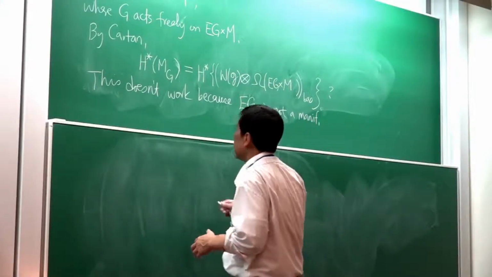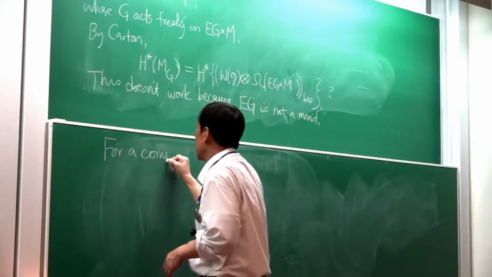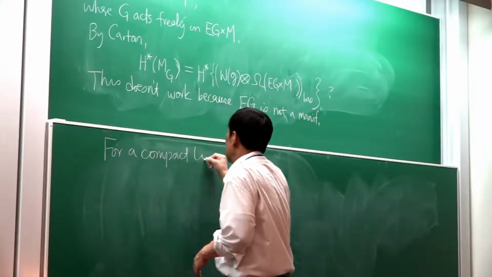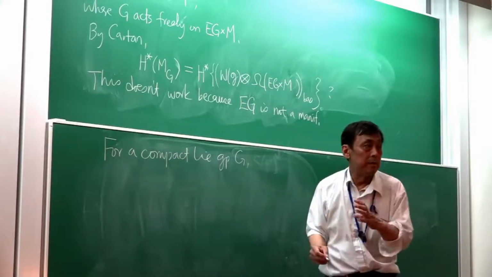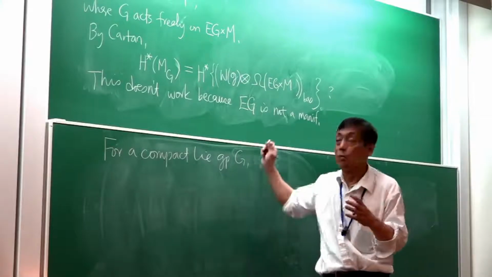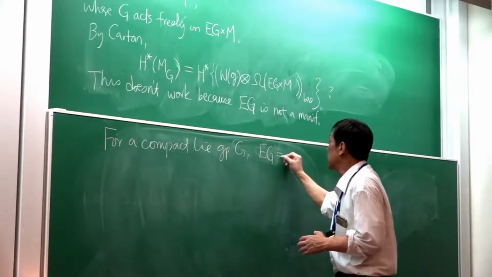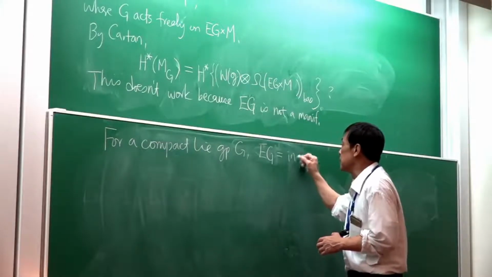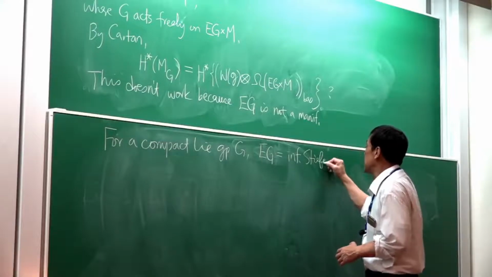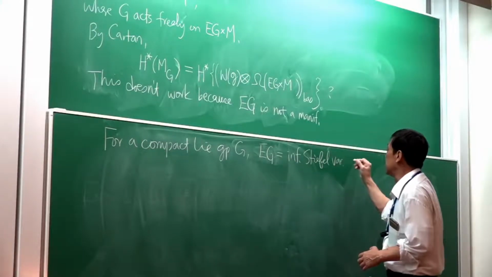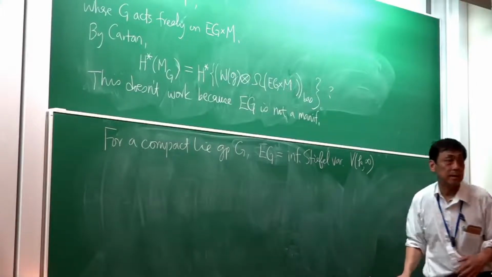A compact Lie group G, you can put it inside some orthogonal group O(k). So EG is the infinite Stiefel variety V_k infinity.